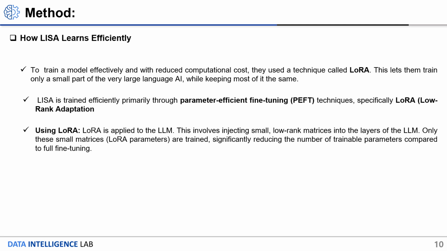LoRA is applied to the LLM. This involves injecting small, low-rank matrices into the layers of the LLM. Only these small matrices, the LoRA parameters, are trained, significantly reducing the number of trainable parameters compared to full fine-tuning.